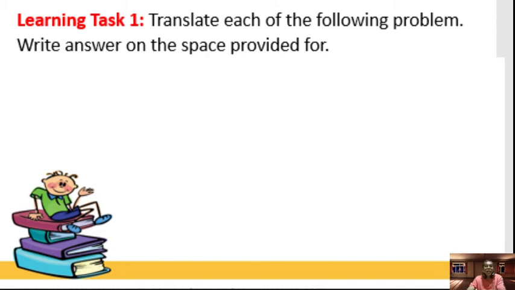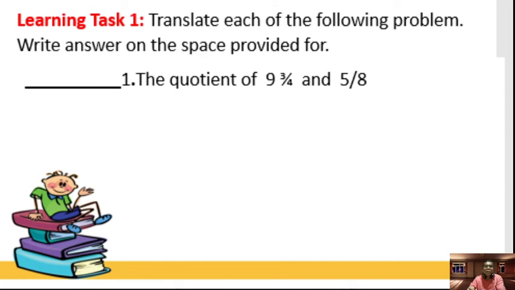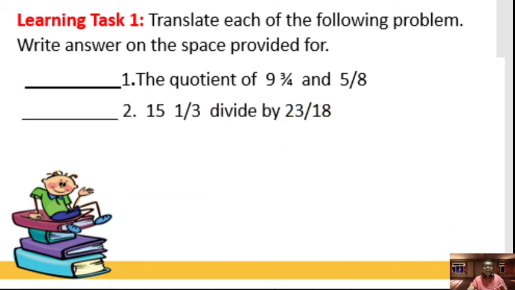Okay, so you have your learning task 1. Translate each of the following problems. Write your answer on the space provided. 1. The quotient of 9 and 3/4 and 5/8. 2. 15 and 1/3 divided by 23/18.